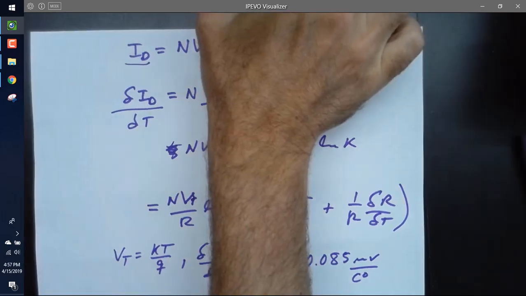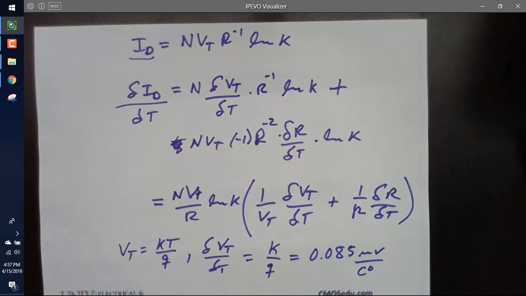That's a minus sign in the middle, isn't it? Yeah, it's minus 1 over R, delta R over delta T. One line above 0.085 millivolts per degree Celsius, that's a minus sign. It is a minus sign.